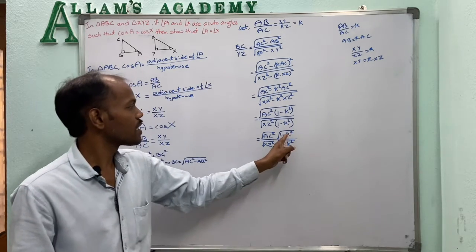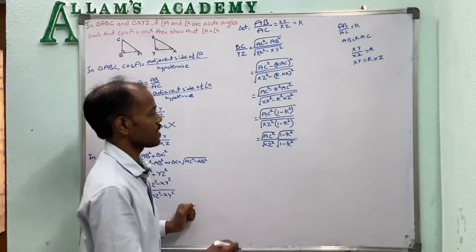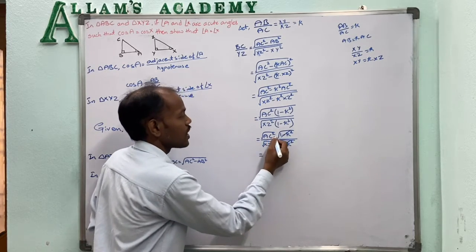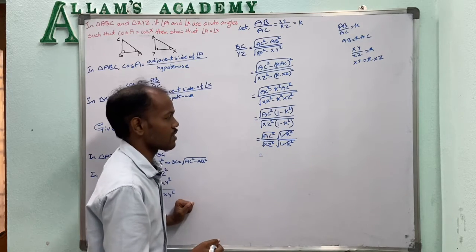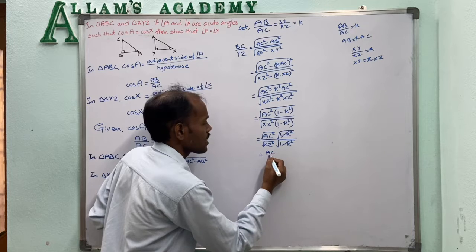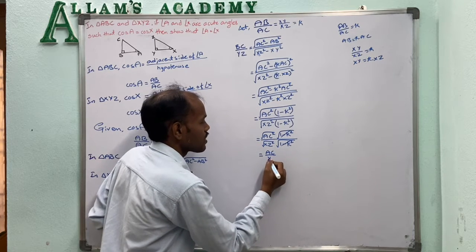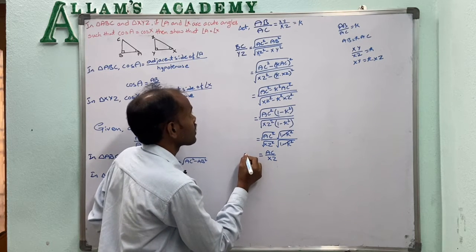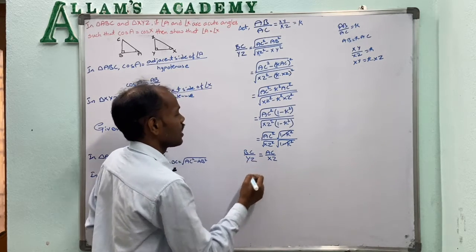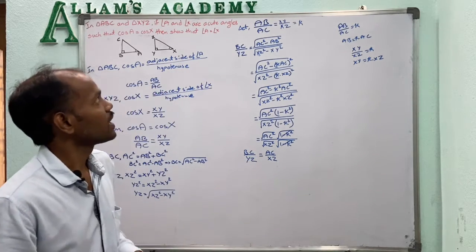Root 1 minus k square is the same number in both, so that will be cancelled. So root AC square by root xz square remains. Root AC square is nothing but AC and root xz square is nothing but xz. So BC by YZ is equal to AC by xz.